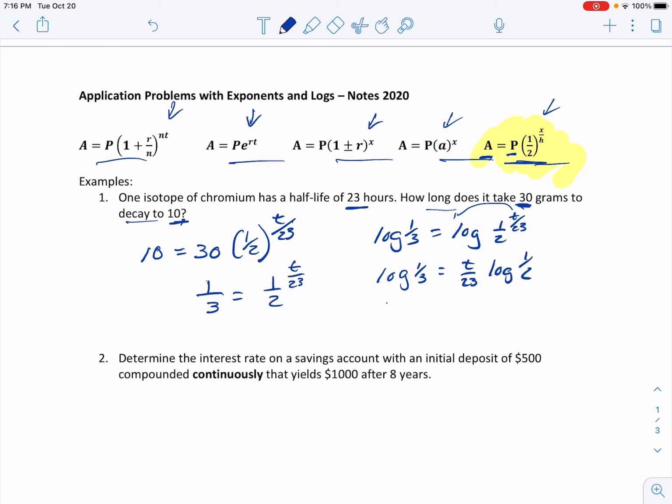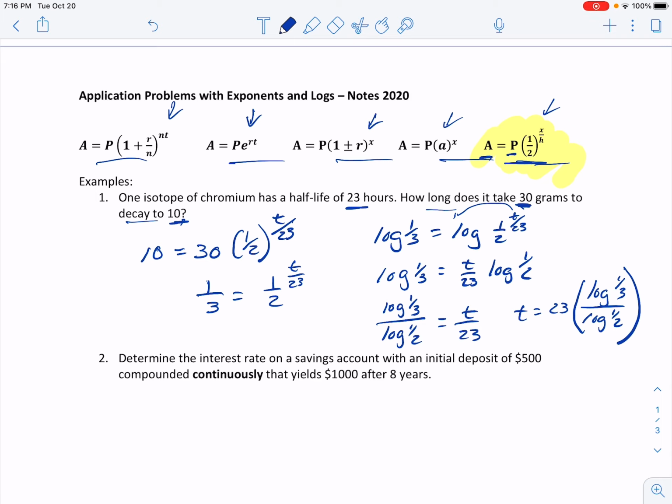Now you divide by it. So you have the log of 1/3 divided by log of 1/2 equals T over 23. You multiply both sides by 23, and you get T is equal to 23 times the log of 1/3 over log of 1/2. Calculator ready. You can put it in your calculator and get an answer.